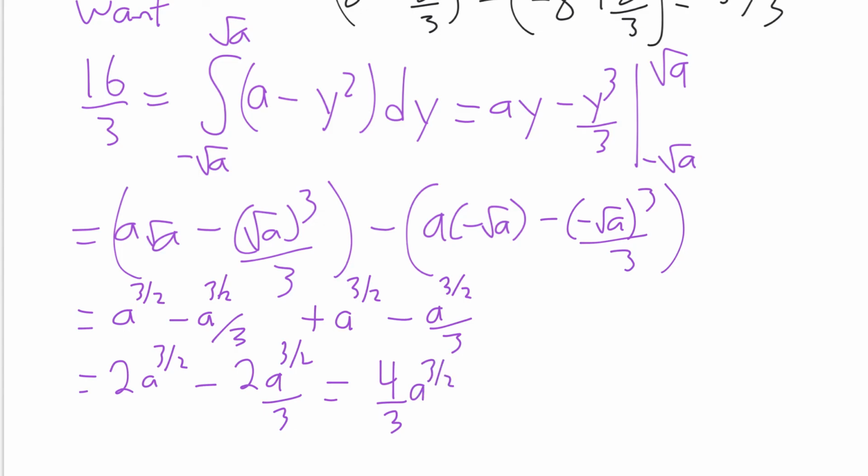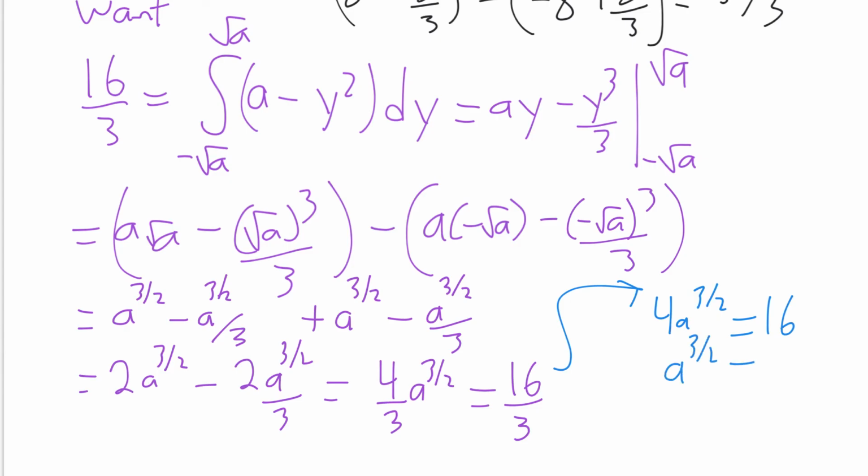And we know that we want this integral to equal 16 over 3, half of our area. So now we want to rearrange and solve for A. This will give us 4A to the 3 over 2 equals 16. And so A to the 3 over 2 equals 4.